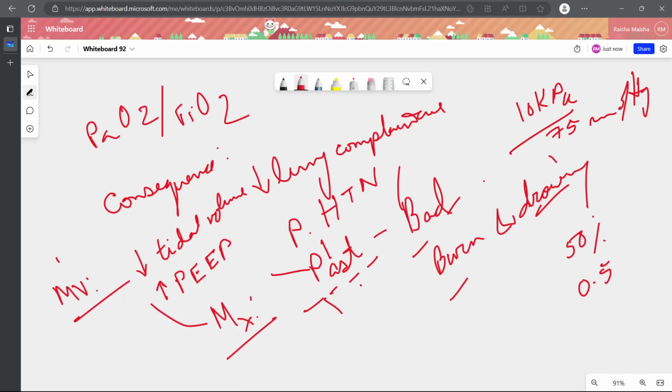So below 300 is always ARDS. If it is 300 to 200, then it is mild. If it is 200 to 100, it is moderate, and if it is less than 100, it is severe.